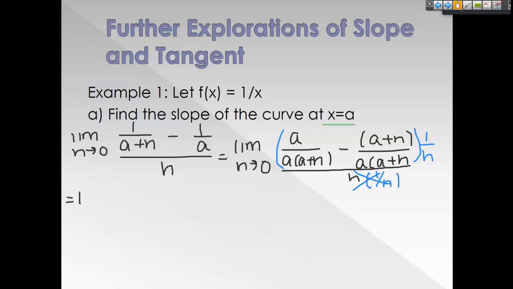So you get the limit as h approaches 0 of a minus a minus h all over a times h times a plus h. a minus a is 0. h over h becomes negative 1.